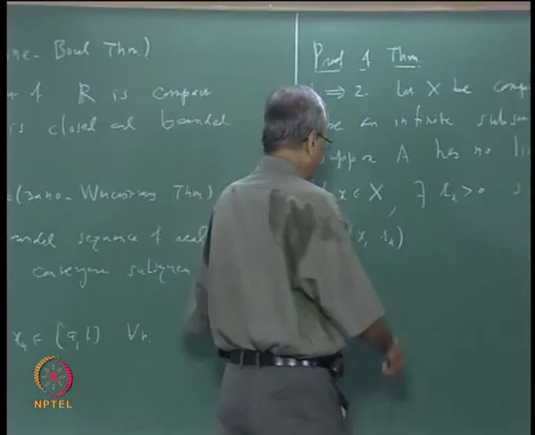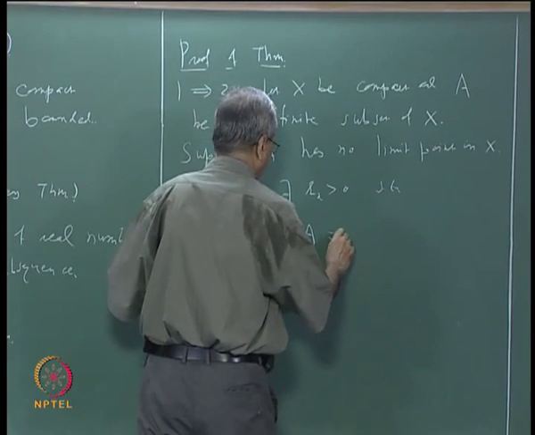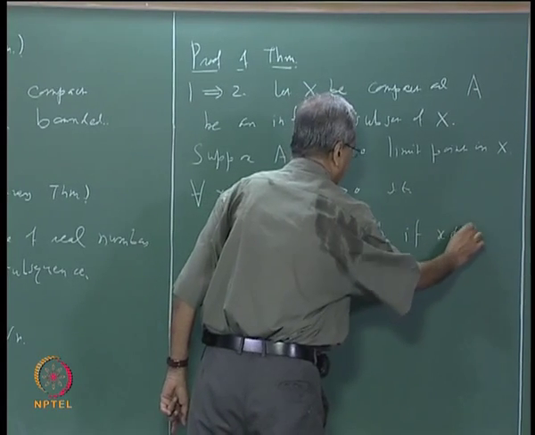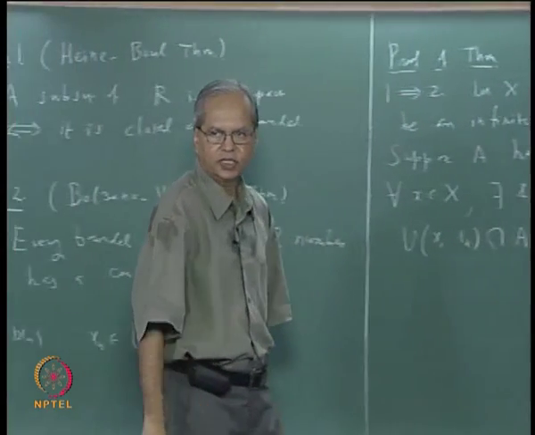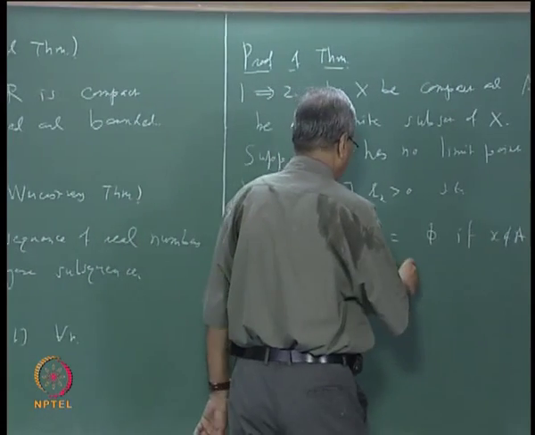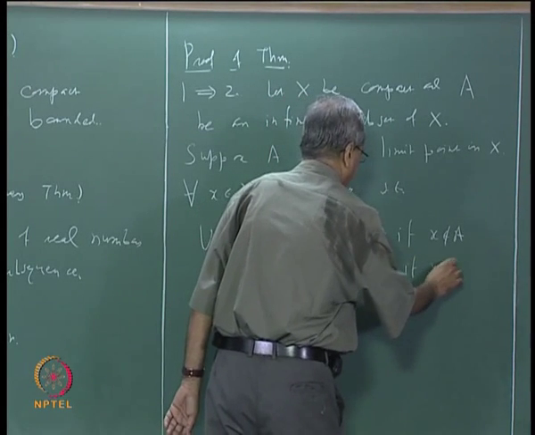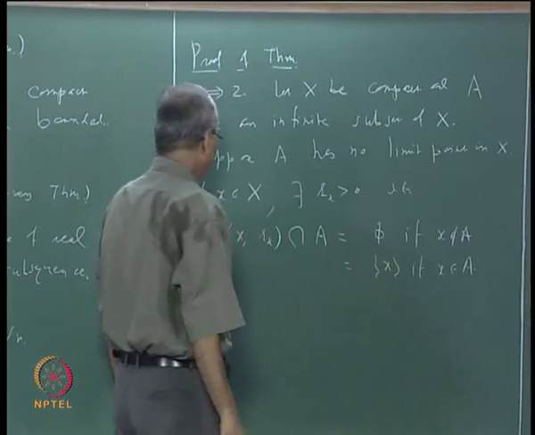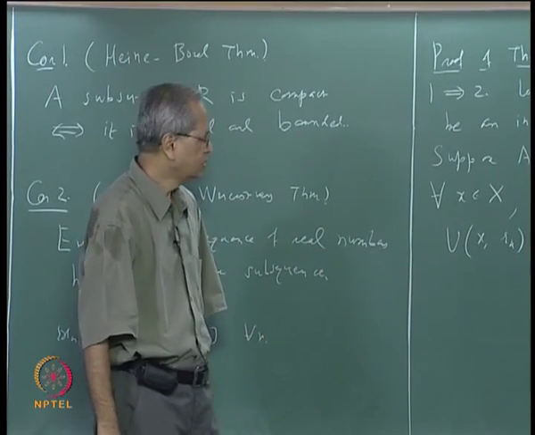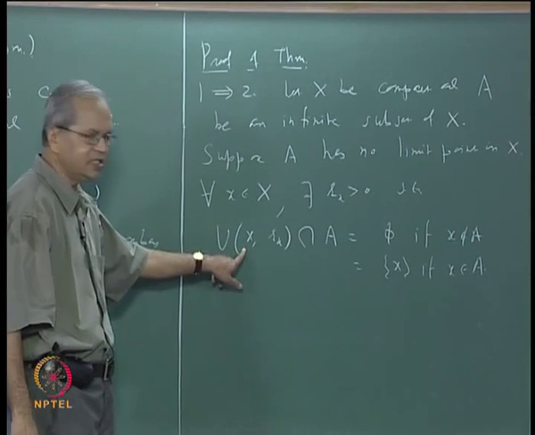So let us write it: this intersection with A is empty if x does not belong to A, and this is equal to singleton x if x belongs to A. Now, this ball U(x, r suffix x) obviously contains x.